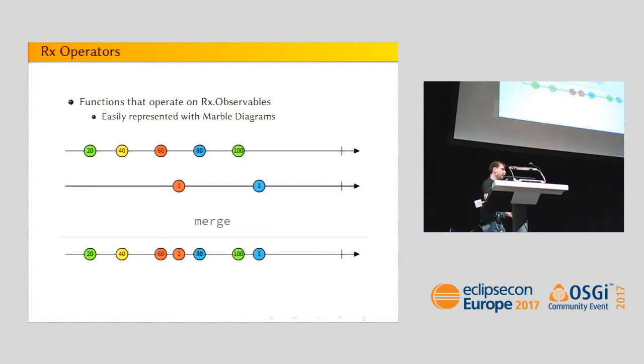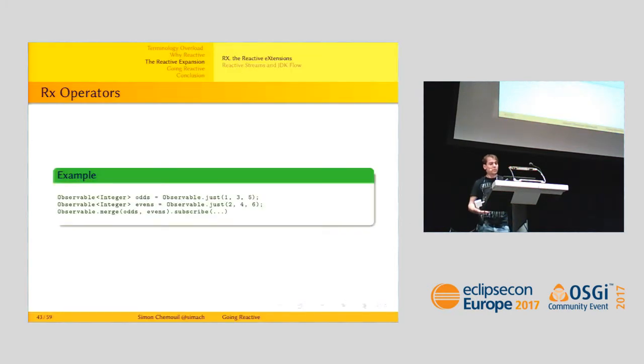That is extremely powerful, when you can use and reuse constructs on top of these data structures. That's really smooth when you program with. So how would that work in the code? You would maybe have an observable with 1, 3, 5, another with 2, 4, 6, and I merge them and subscribe to do something when something happens.